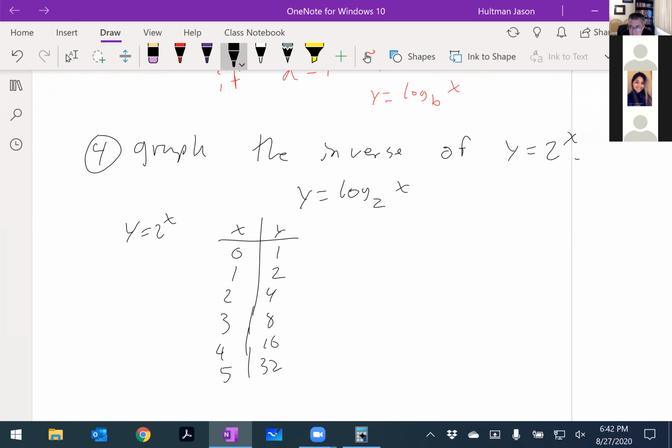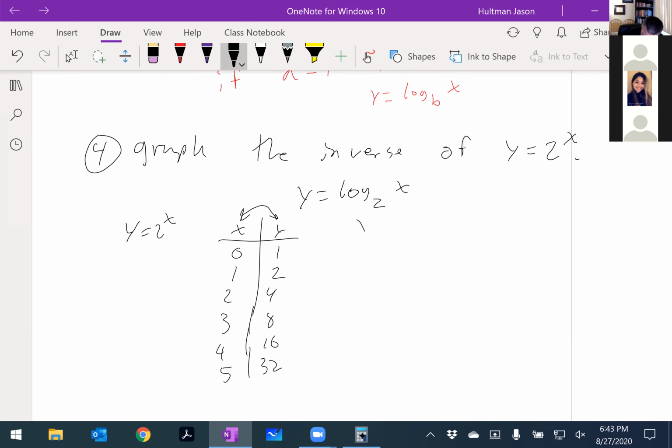Now, how would I find an inverse? To find the inverse, I swap the domain and range. What was y will now become x, and what was x will now become y. So the inverse swaps the x's and the y's.